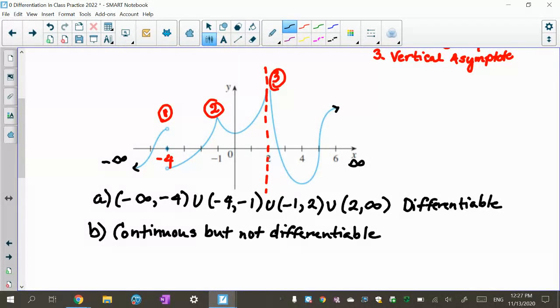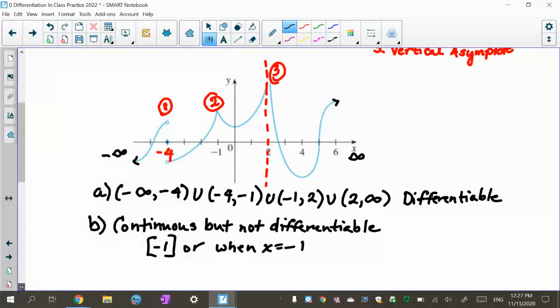It looks like it's only at number 2, and number 2 is the sharp corner, and that's at -1. So I'm just going to show it like this, when x is -1. Or you can say when x equals -1. I prefer you using the brackets, and if you can see, it kind of fits right in here. It's right in that spot there.